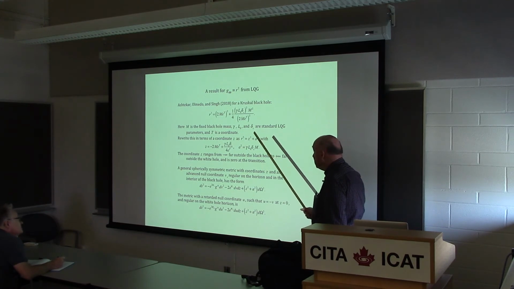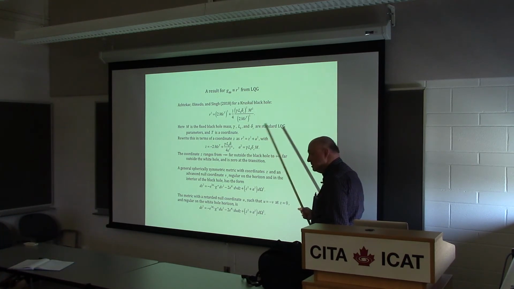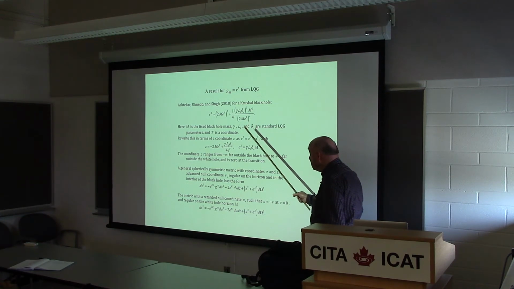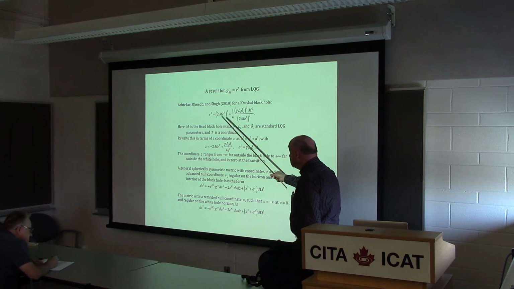They claim that when they consider a fixed mass black hole and do a calculation in loop quantum gravity, you can think of what's happening at this minimum radius, and you get this kind of expression for how the radius varies in time.